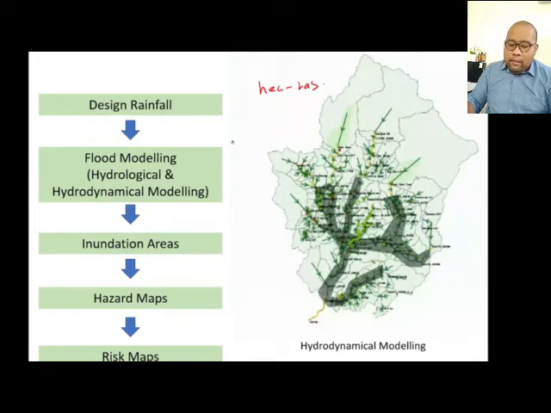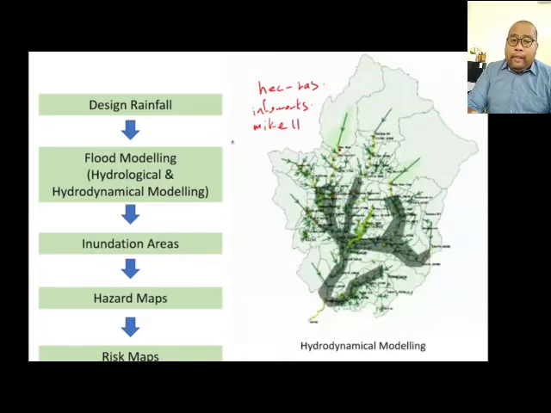Abdul Jalil, and it was produced by InfoWorks. We have another software like MIKE 11, which is able to simulate the flood modeling.